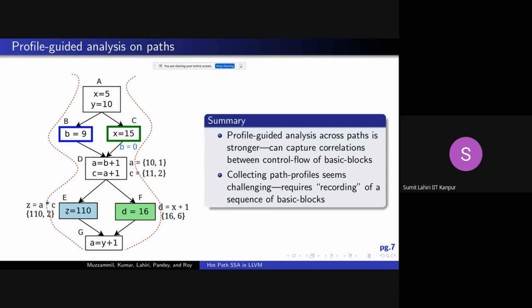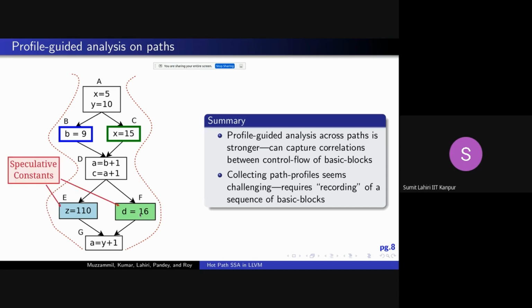Along with that, Z can now take a value of 110. And over here, D can take a value of 16 or 6, depending on which path comes in. But if we consider the values that are possible along the paths marked red, then Z takes a constant value of 110 and D takes a constant value of 16.